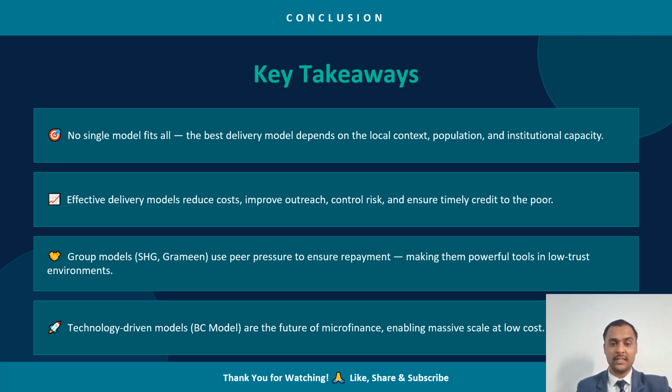Third, group models like SHG and Grameen use the power of community and peer pressure to make lending possible without traditional collateral. And fourth, technology-driven models like the BC model and future microfinance allow institutions to scale massively at very low cost.